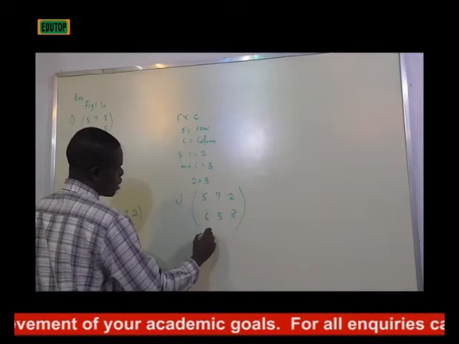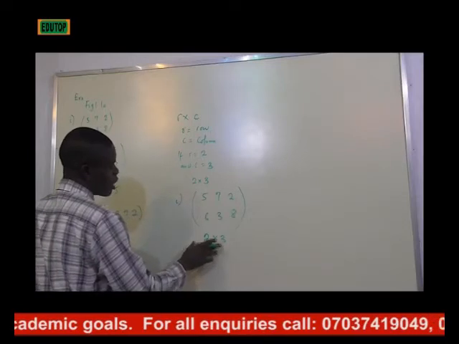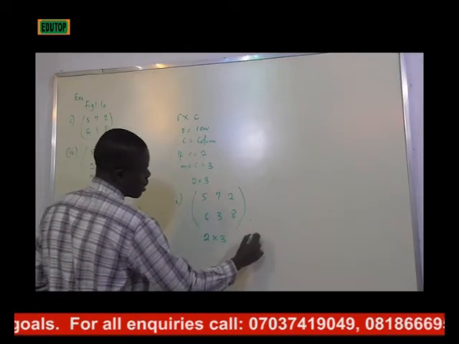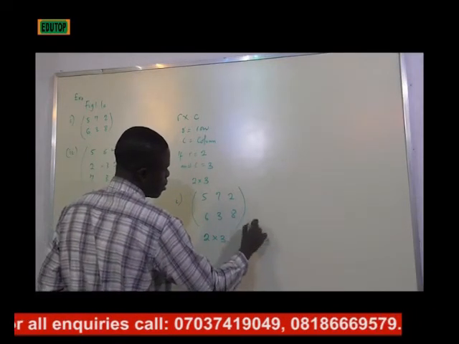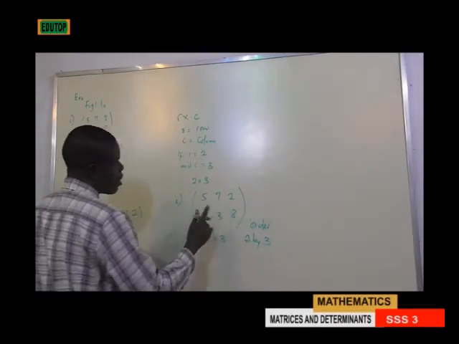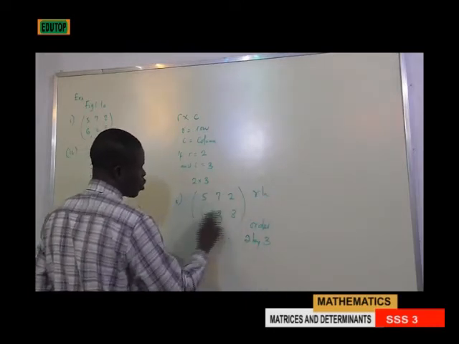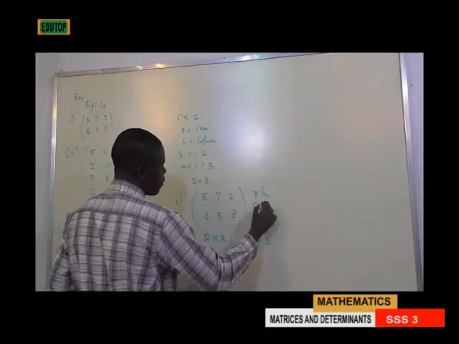So this matrix is of order 2 by 3, where the row is the horizontal and the column is the vertical.